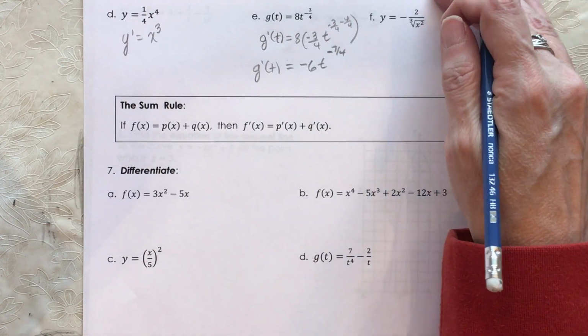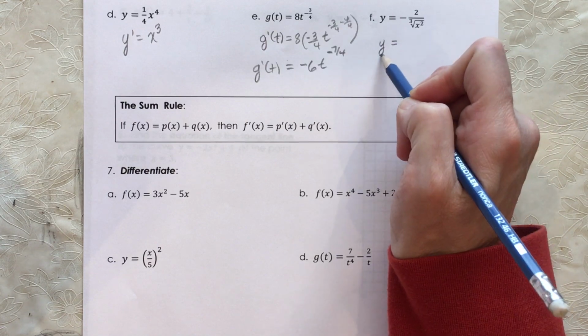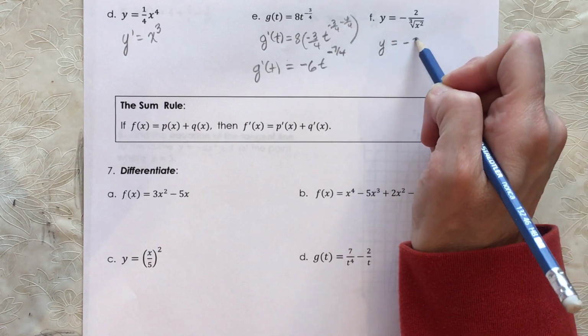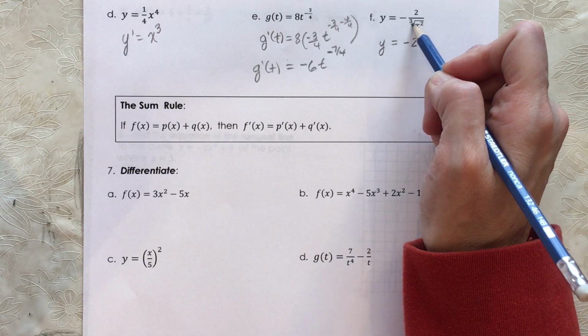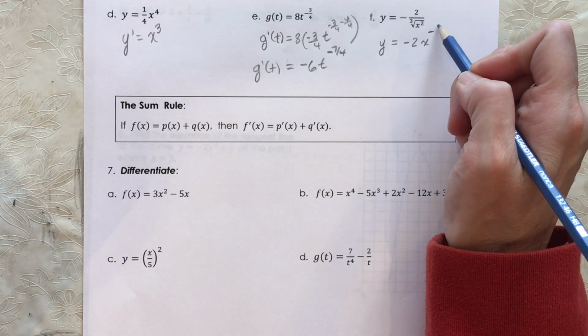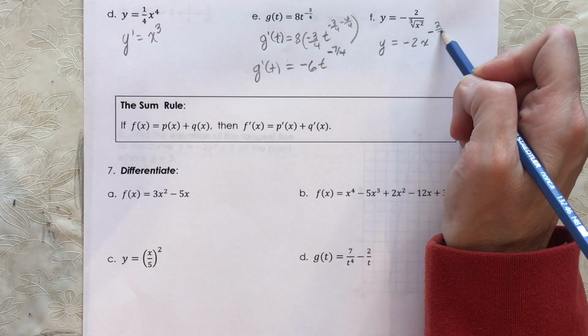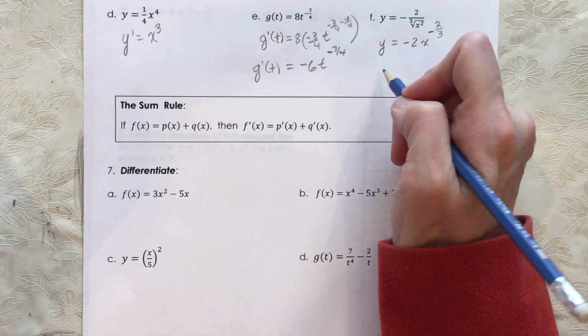All right, so this one, f, is not ready yet to differentiate, so I'm still just writing y here. I'm changing the form, so it'd be negative 2x to the, so it's going to be a negative exponent because we're bringing it up to the top. It's going to be rational, exponent on top, root on bottom. So negative 2x to the negative 2/3.